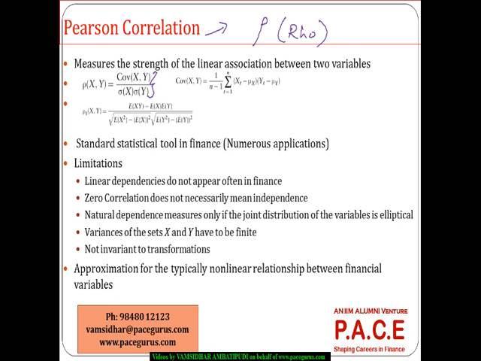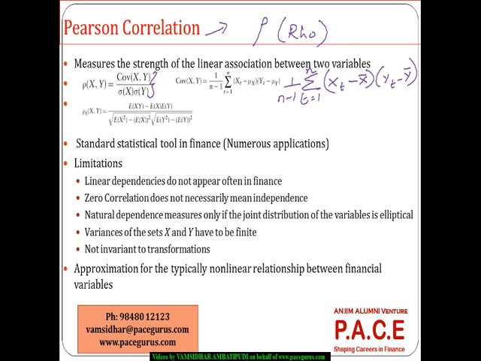Put another way, for each x variable I subtract its mean, and for the corresponding y variable I subtract its mean, sum over all the t's, and divide by n minus 1, because this is a sample-related step.